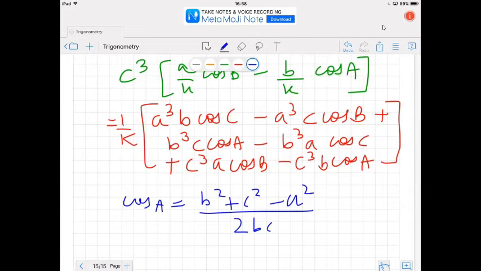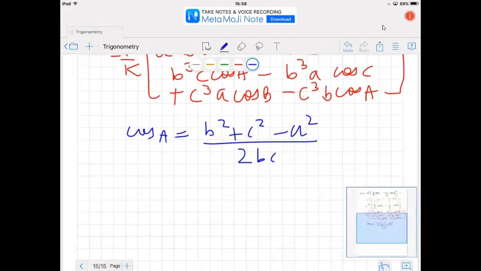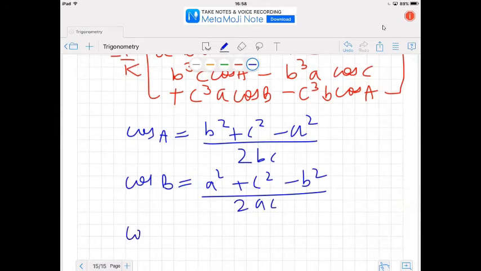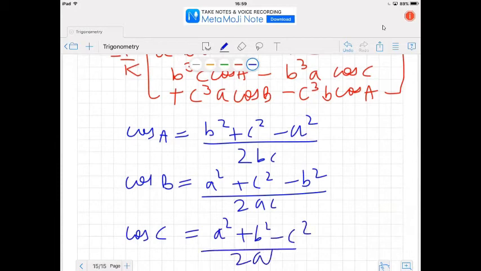This is the cosine rule. Cos b is equal to a square plus c square minus b square upon 2ac, and cos c is equal to a square plus b square minus c square upon 2ab.